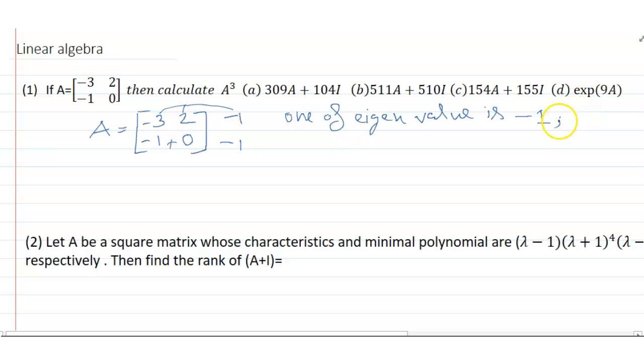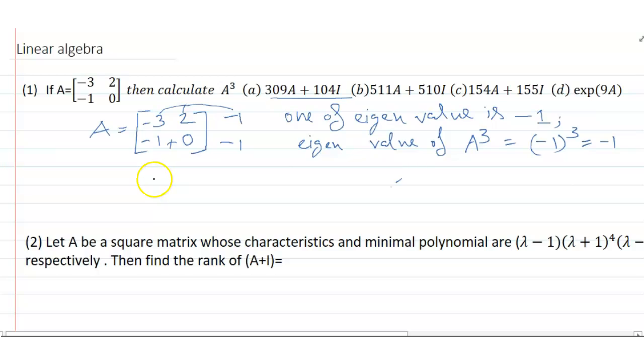And so friends, the eigenvalue of A cube is equal to -1 whole cube, which is equal to -1. So let's check where we can get eigenvalue -1.